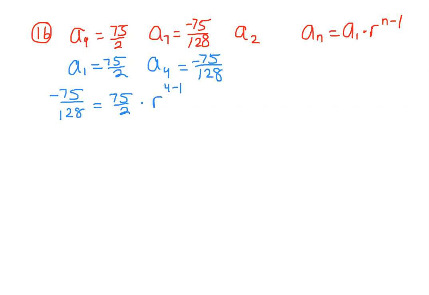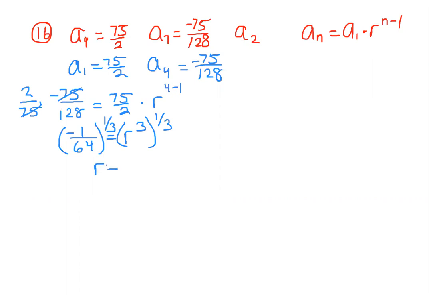See if I'm doing this right. So then I'm going to multiply by the reciprocal. So I'm going to multiply this by 2 over 75, and those are going to cancel, and I'm going to get negative 1 over 64 equals r cubed. So I'm going to take this to the 1/3 power, and I'm going to get r equals negative 1/4.